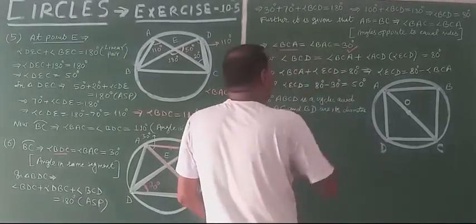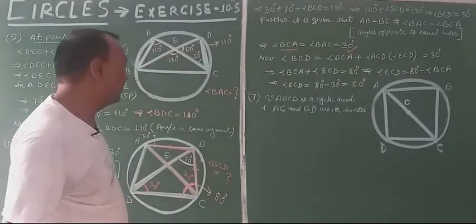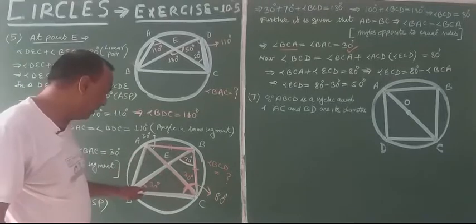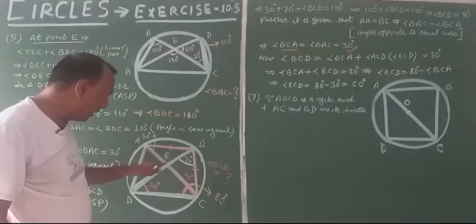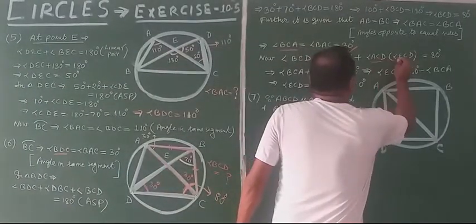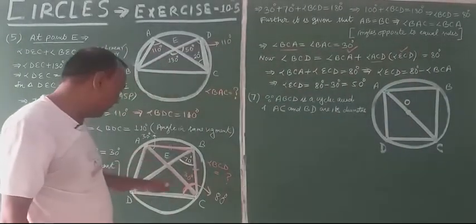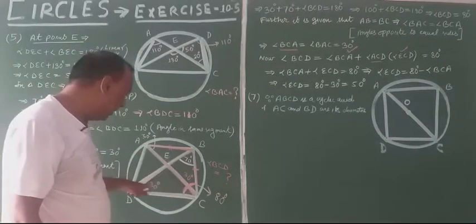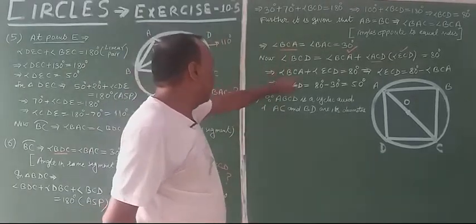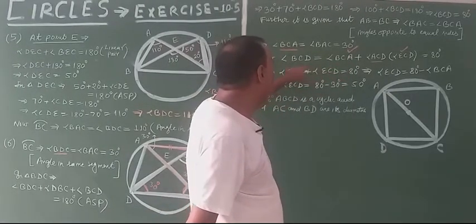Angle BCD is equal to angle BCA plus this much, ACD. And ACD, in fact, is it not angle ECD? Angle ACD can be written as angle ECD, or not? ACD and ECD are both names of the same angle. So angle BCA plus angle ECD is the whole angle BCD.